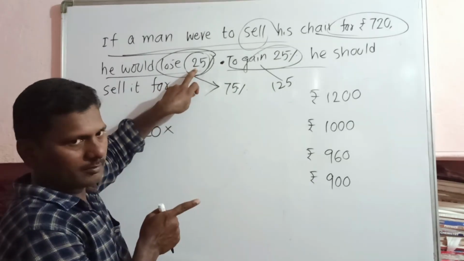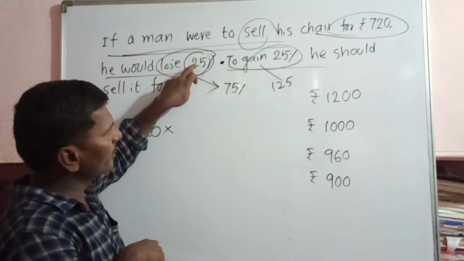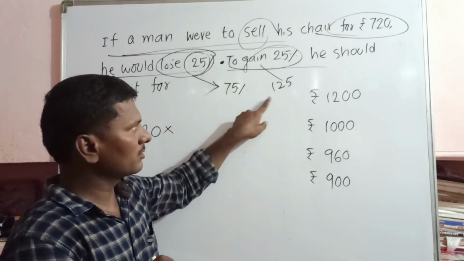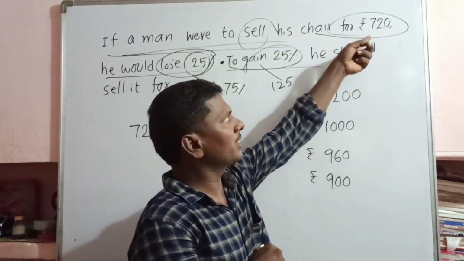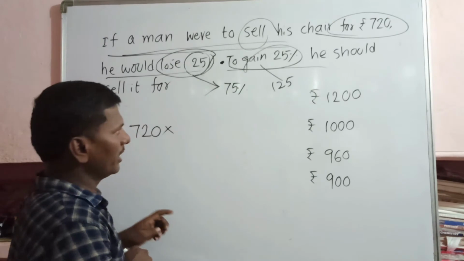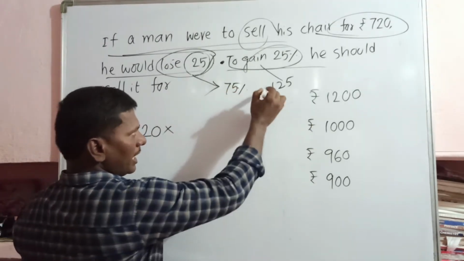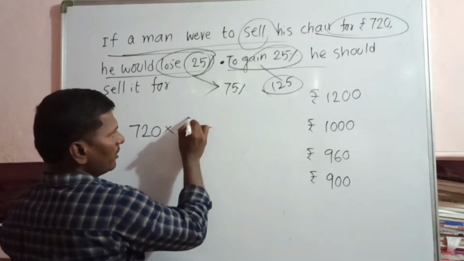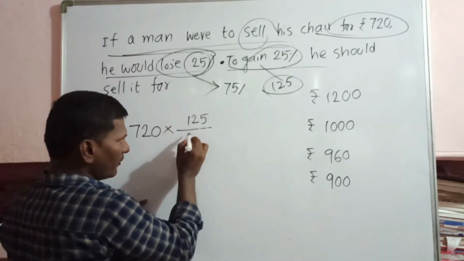When there is a loss, subtract that loss from 100: 100 minus 25 is equal to 75%. After finding these values, observe the answers. Answers are more than 720. So to get a larger value out of these two numbers, write the larger value in the numerator. So 125 is more than 75, so 75 goes in the denominator.